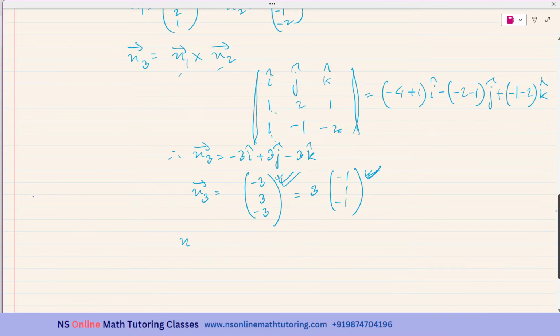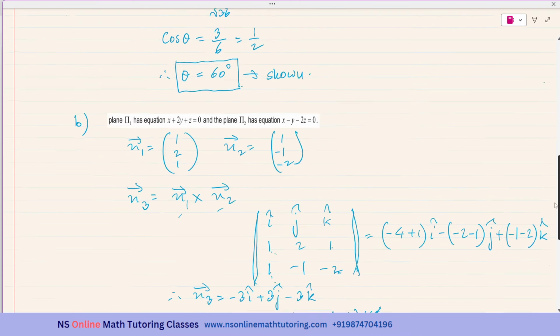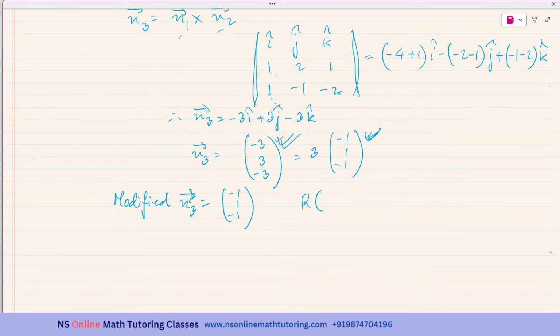So I'm writing modified n3 is equal to minus 1, 1 and minus 1. And the coordinates of R are 5, negative 5 and 5.